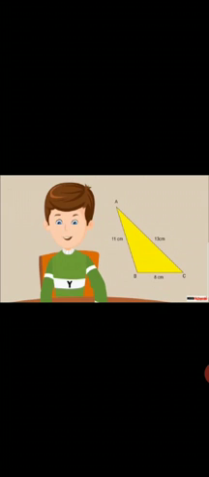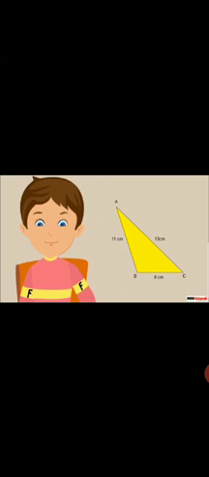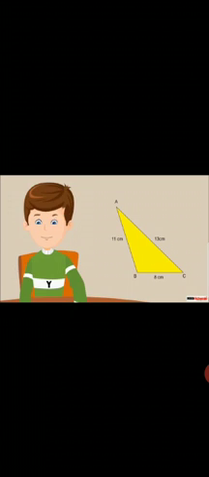Neil is still confused how to find the area of the triangle given to him. Then he discusses with his friends and says, "This is not a right triangle." Sid replies, "Yes, this is not a right triangle, as no angle of this triangle is 90 degrees."